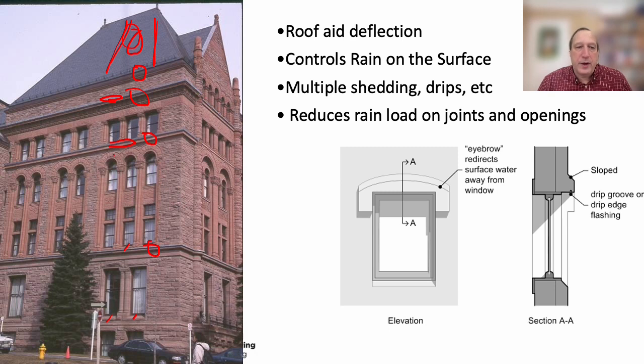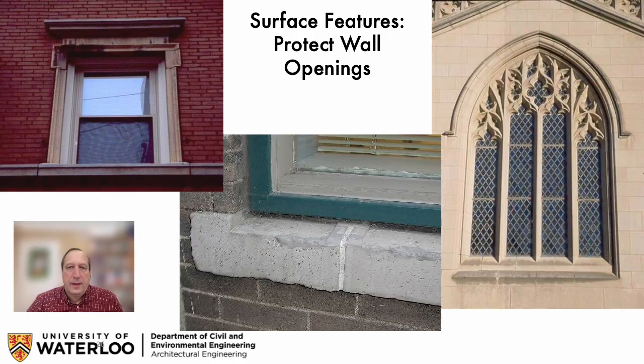The heads of the windows all have detailing around them. And if you look on the side section here, it's just to show that, by doing those heads, we're shedding the water away. We're redirecting the water to the side and protecting the more sensitive parts of the building.